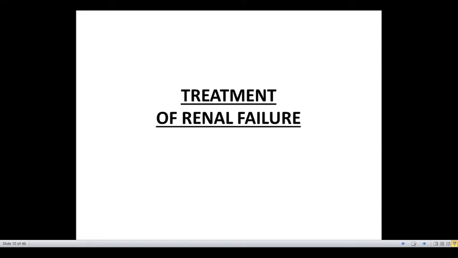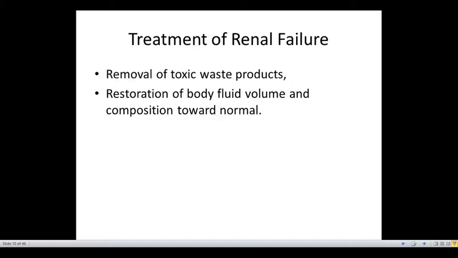We now move on to the treatment of renal failure. Severe loss of kidney function, either acute or chronic, is a serious condition and requires removal of toxic waste products and restoration of body fluid volume and composition toward normal.